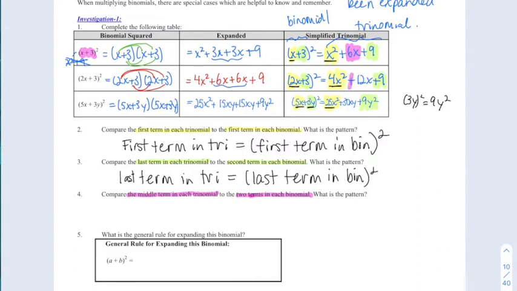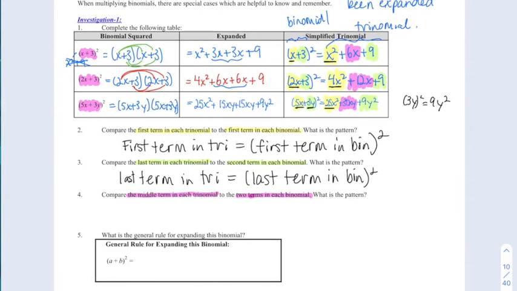How does 12x relate to 2x plus 3? And how does 30xy relate to 5x plus 3y? Well, if you look at it hard enough, what you'll notice is that all of the middle terms are multiplications of each of the two terms in each binomial, also multiplied by 2.